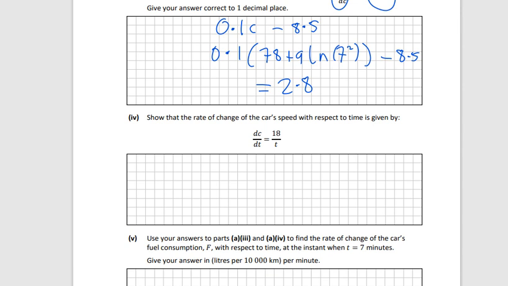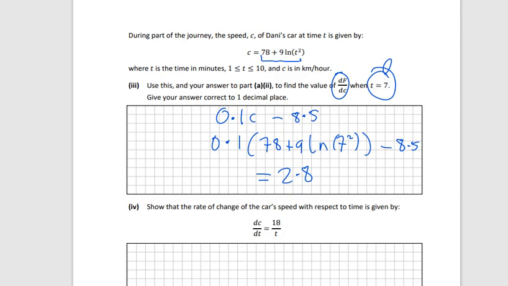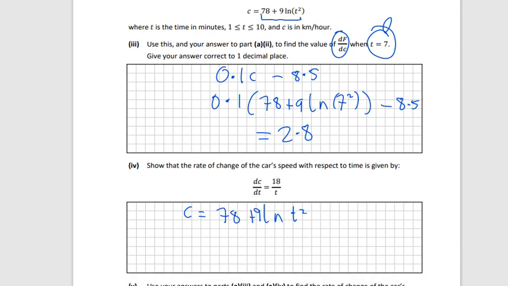Next bit is dc/dt. So c we know is 78 plus 9 ln t squared. I'm just copying that from above.